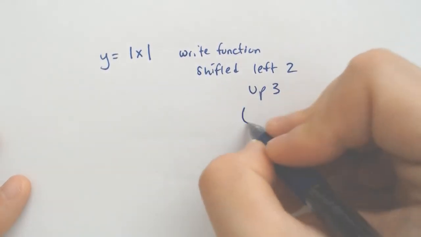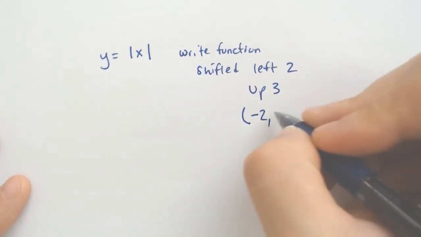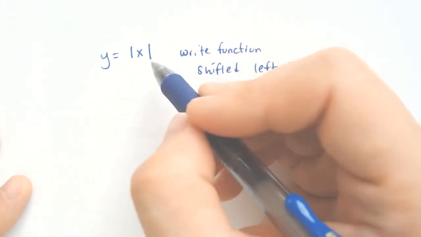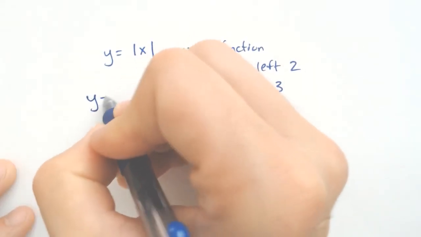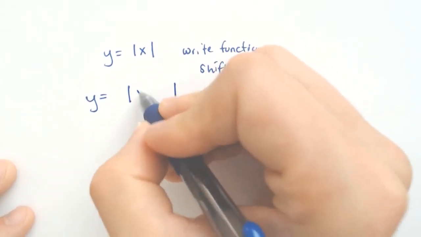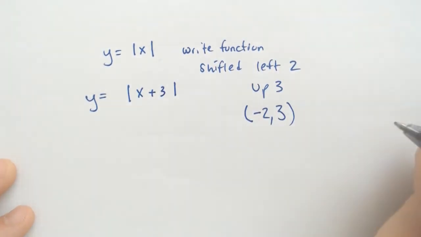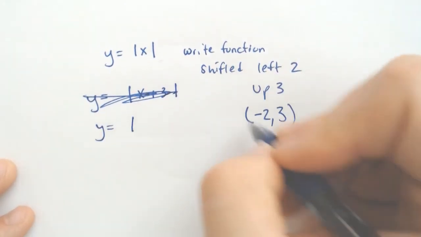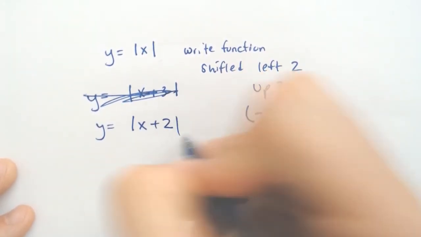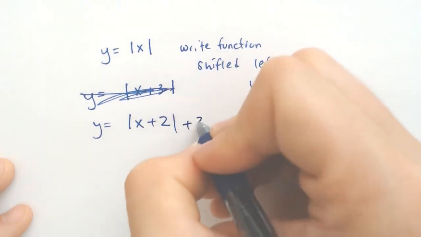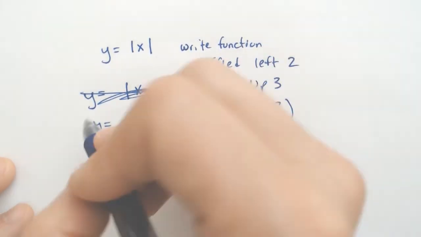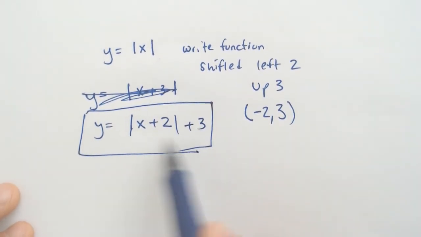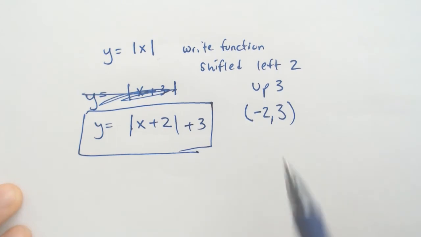Well, if it went to the left by 2, that would be negative 2, and up by 3 would be positive 3. So we have to turn this into an equation, knowing it has to be a change keep. Well, we put the change the sign in the parentheses, which in this case is the absolute value. Change the sign of negative 2 to positive 2. Keep the sign of 3. And that's it. That's the equation. We just worked backwards on that one. So x plus 2 in the absolute value bars, and then the plus 3.